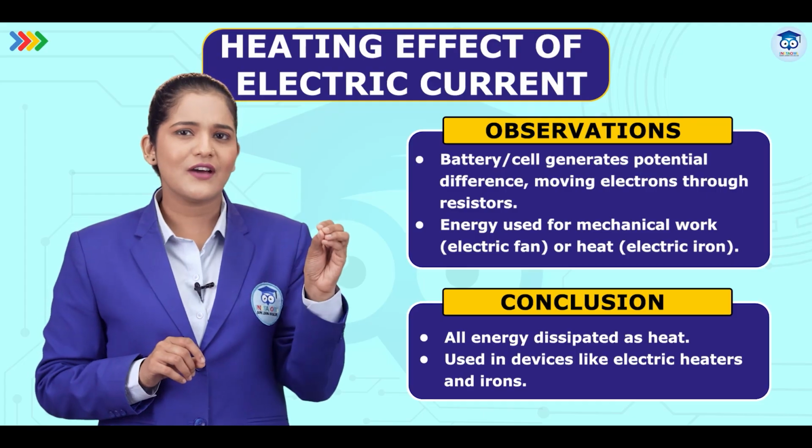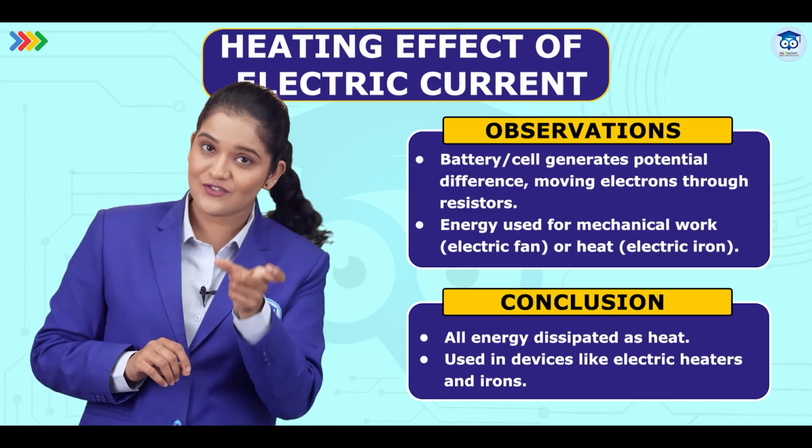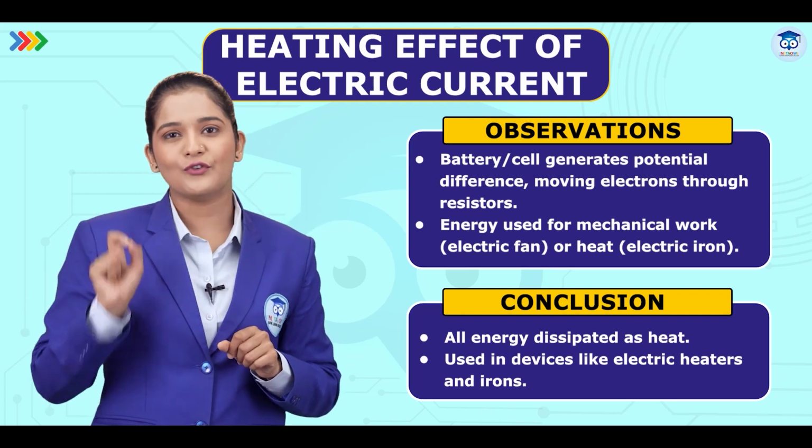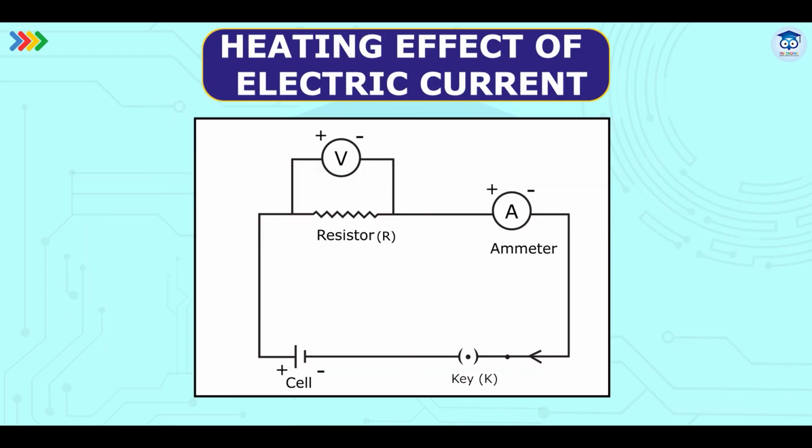Most electrical devices operate by using this principle of converting electrical energy into useful forms of energy, whether mechanical or thermal. Let us now take a closer look at how a purely resistive electric circuit functions.